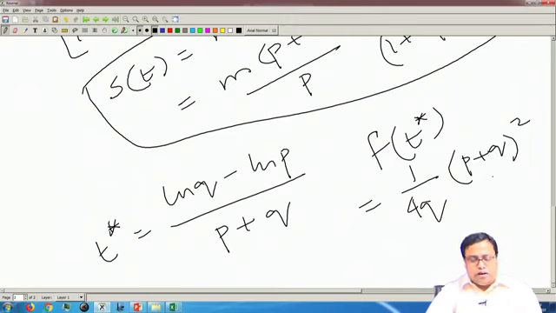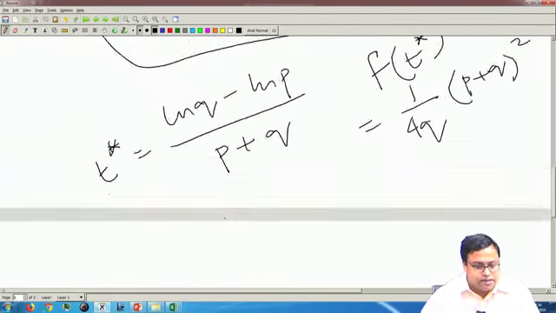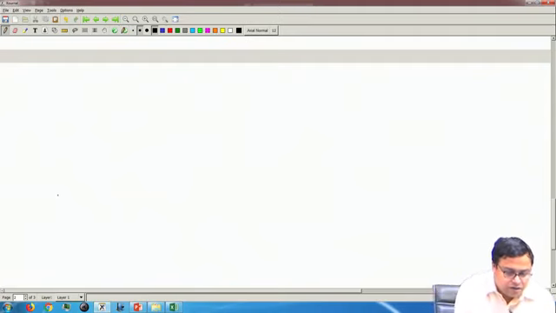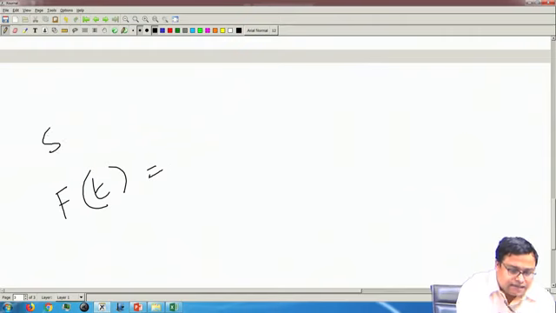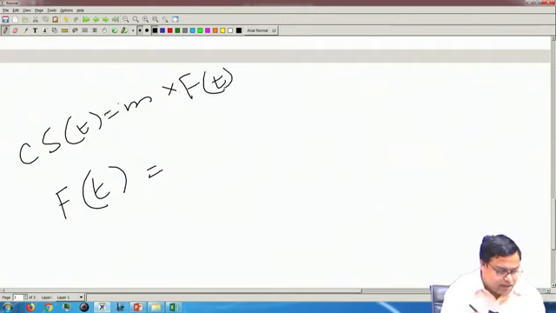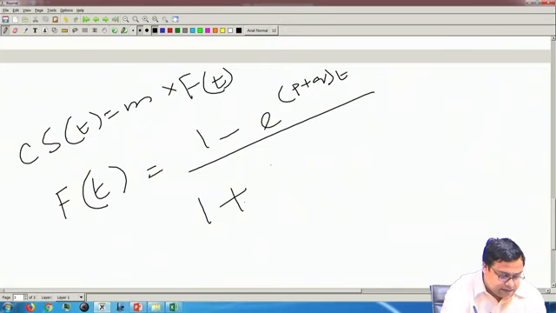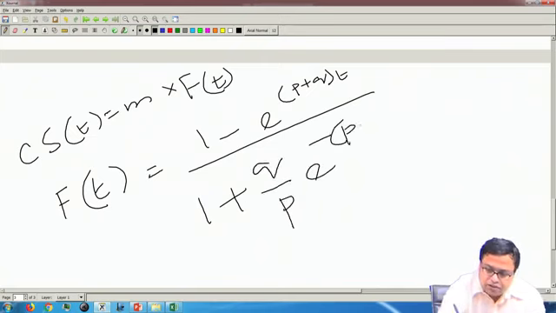And if I want to find out the cumulative sales, that was individual sales, this was individual sales. If I try to find out the cumulative sales, the formula is, cumulative sales CS(t) is nothing but m into capital F(t), and capital F(t)'s formula is basically 1 minus e to the power minus (p plus q) t divided by 1 plus (q by p) e to the power minus (p plus q) t.